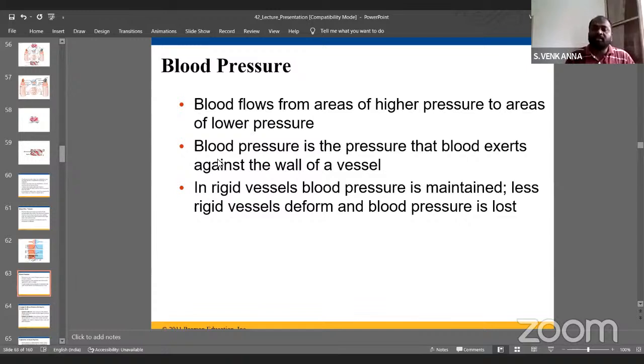Blood pressure is the pressure that blood exerts against the walls of vessels. In rigid vessels, blood pressure is maintained; in less rigid vessels that deform, the blood pressure is lost.